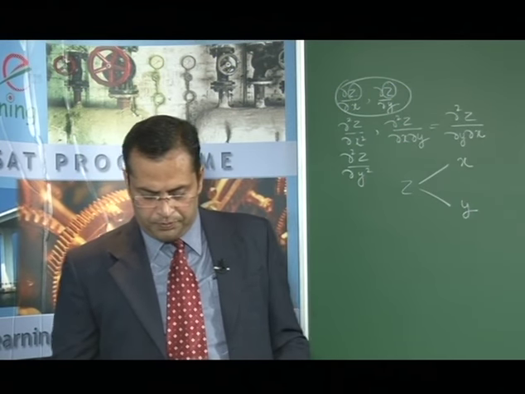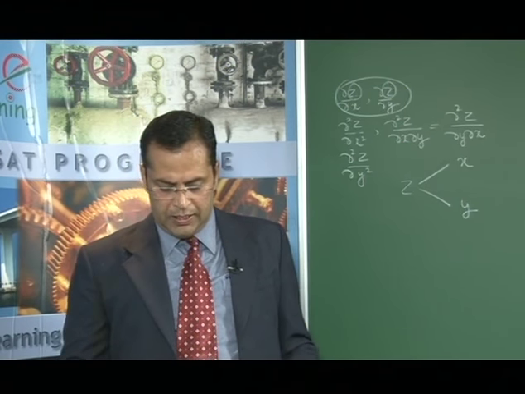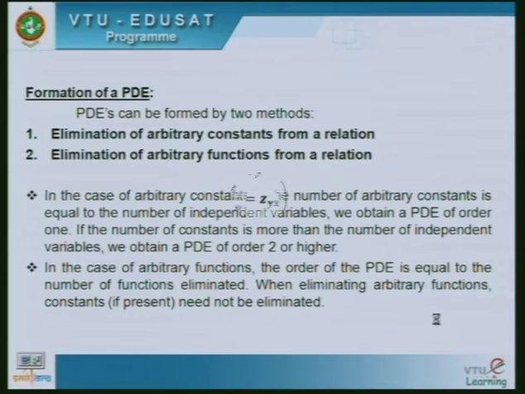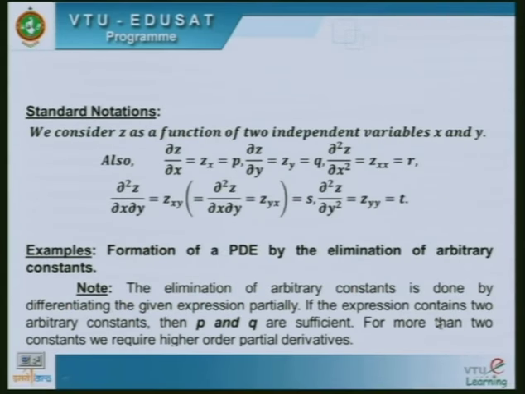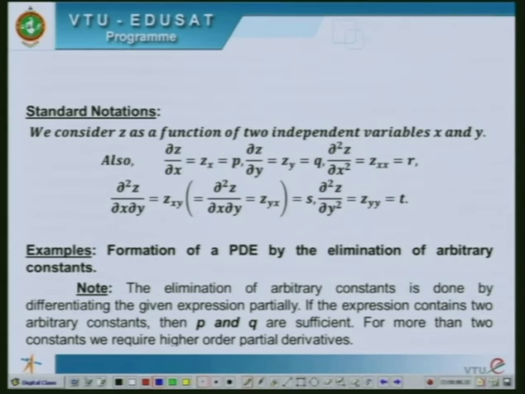We will go to the first method, as to how to form a PDE by elimination of arbitrary constants. So, as we mentioned earlier, we have the standard notations. We consider z as a function of 2 independent variables x and y.